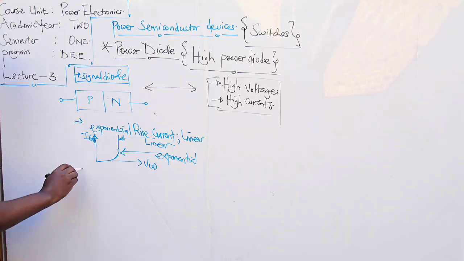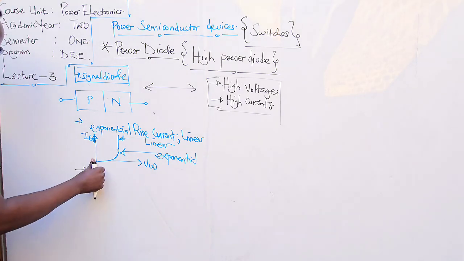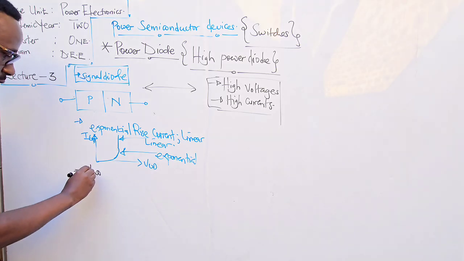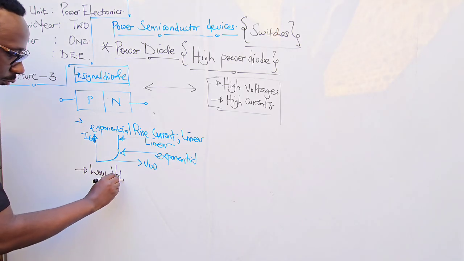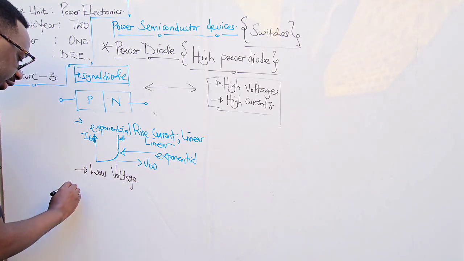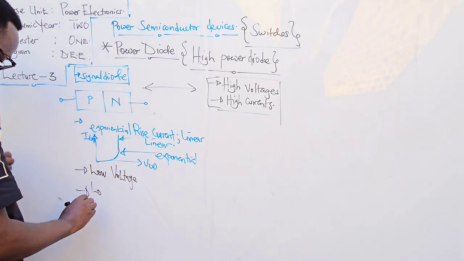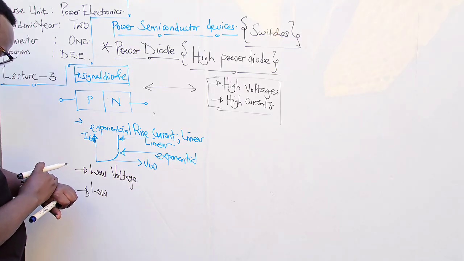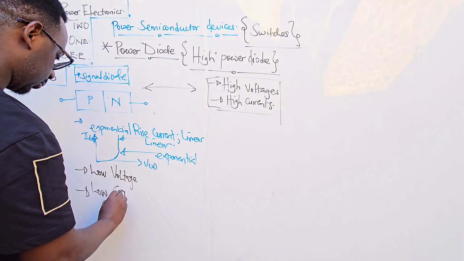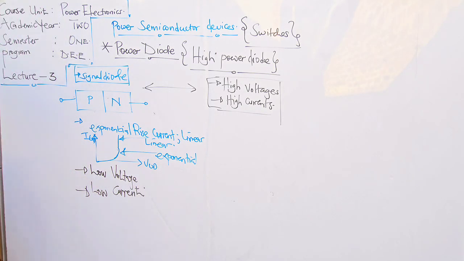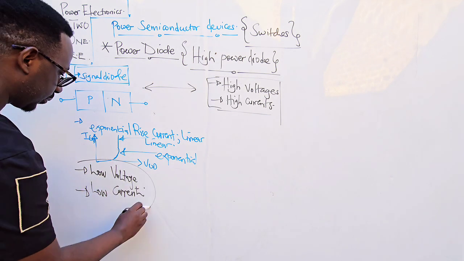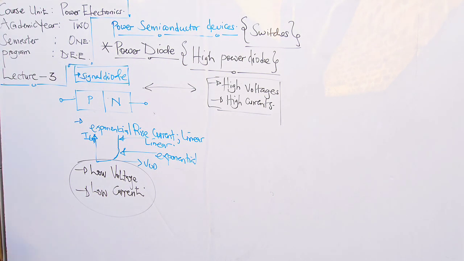This is for low voltage and low current. That's what a signal diode is for, and this is very common in telecommunication gadgets and low power circuits, small LED circuits.